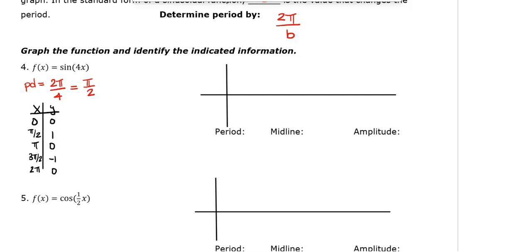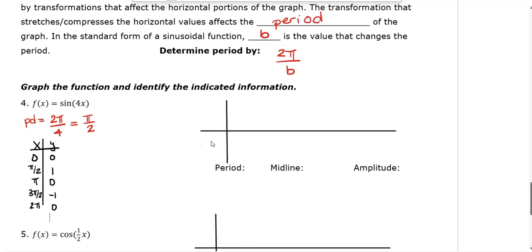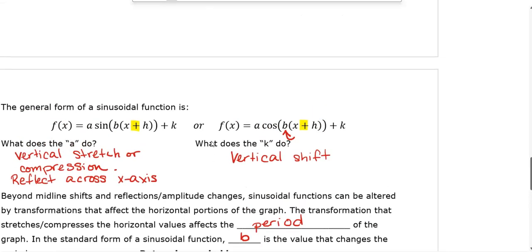Okay, so now I need to take that information and apply the transformations that I have to this. There's a couple different ways, but I think this is going to be the easiest way for most people. I need to remember that anything on the inside of the function changes x values.